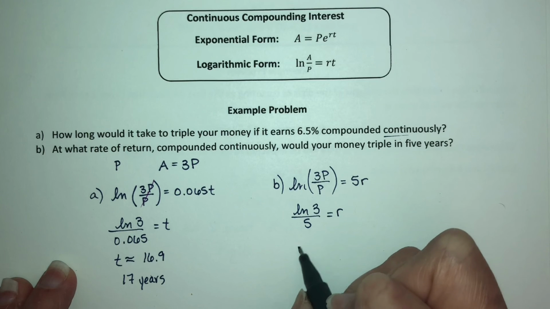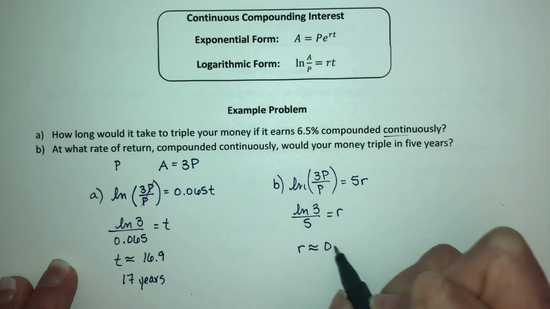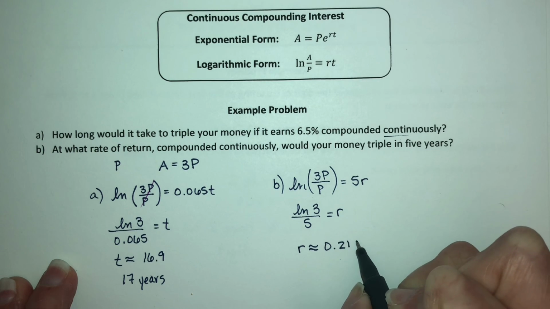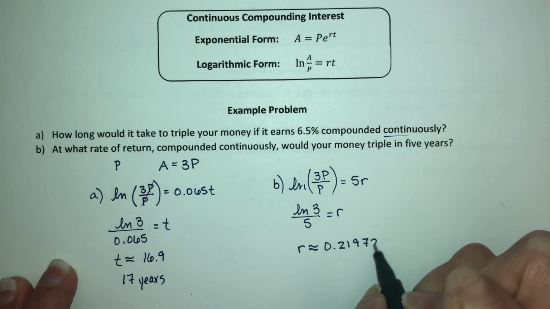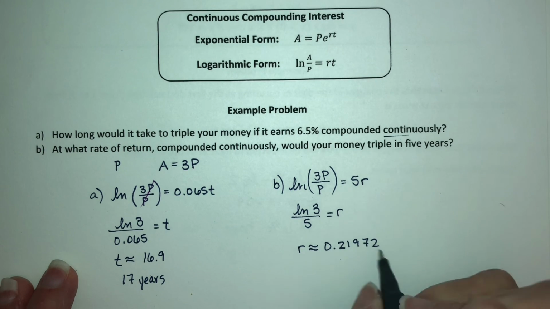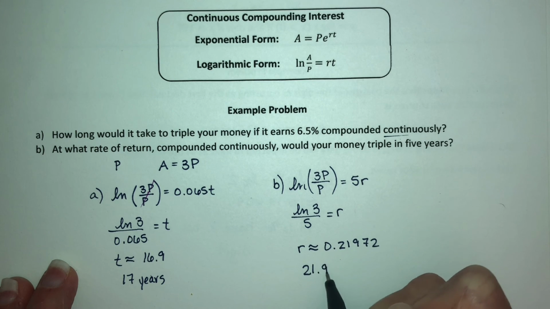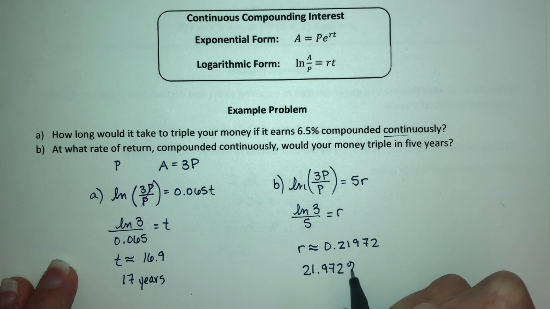Plug this in, and you'll find that r is approximately 0.21972. So the rate, they will want your answer as a percent, so multiply this by 100. You'll need a 21.972% rate to triple your money in 5 years.